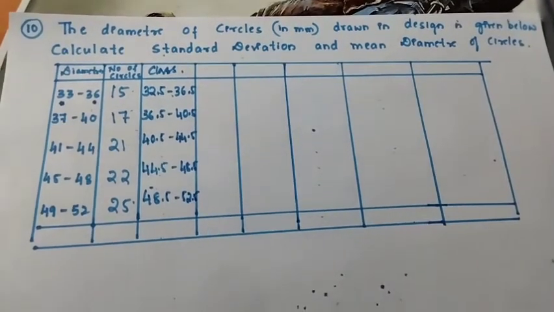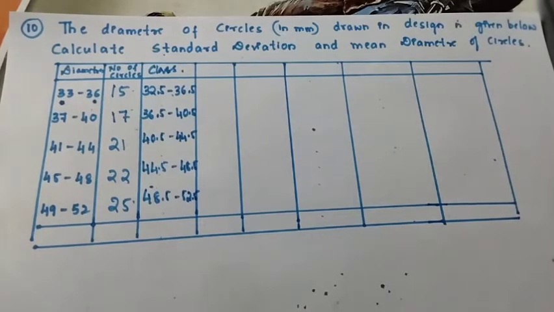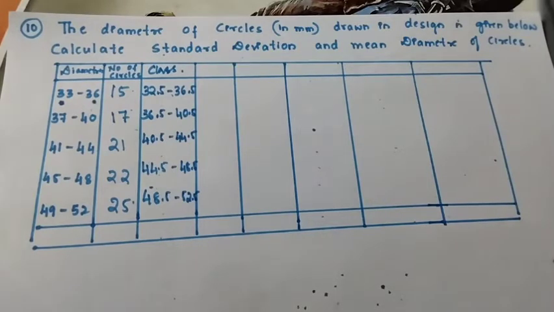So when the class intervals are not given as continuous, you have to make them continuous by taking 0.5 less from the lower limit and adding 0.5 to the upper limit. You do this first step only if they are not given continuous.